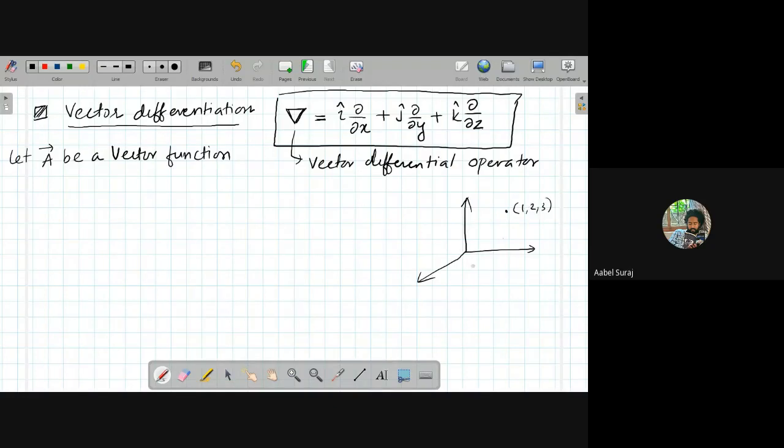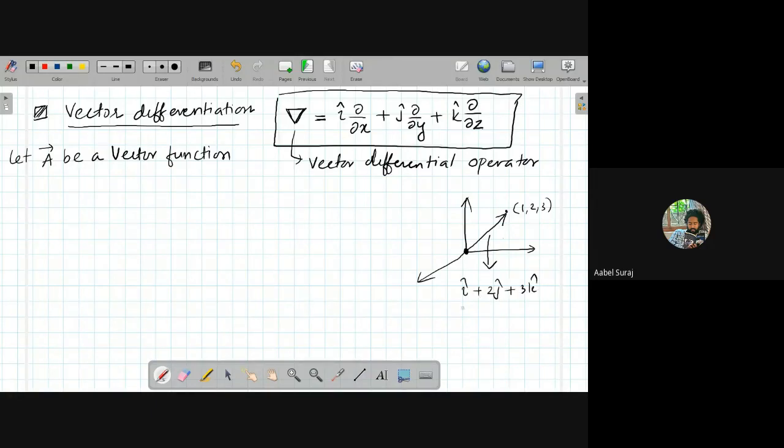A vector originates from the origin and points in the direction of 1, 2, 3. So this vector can be denoted as i plus 2j plus 3k.